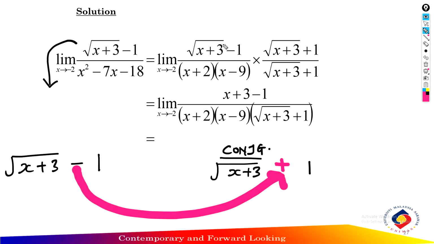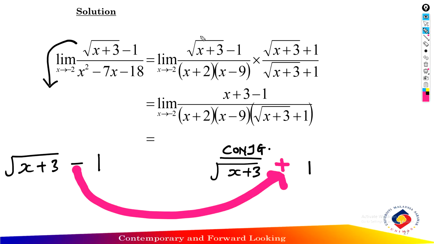Multiply both the numerator and denominator by the conjugate: the numerator is (square root of (x plus 3) minus 1) times (square root of (x plus 3) plus 1), and the denominator is multiplied by (square root of (x plus 3) plus 1).